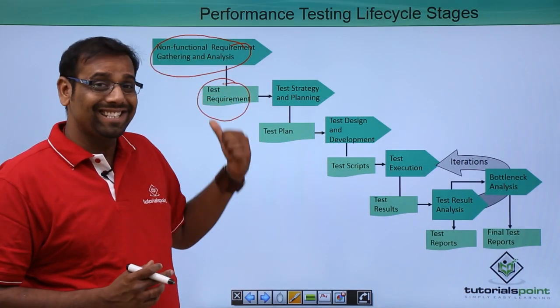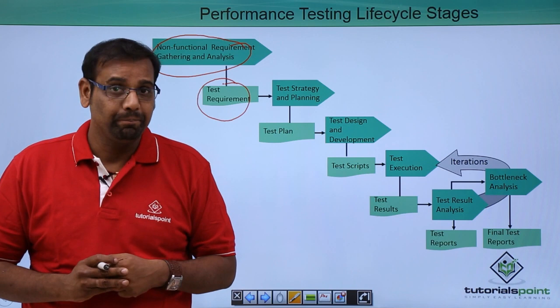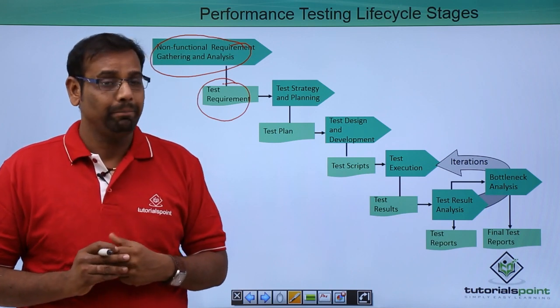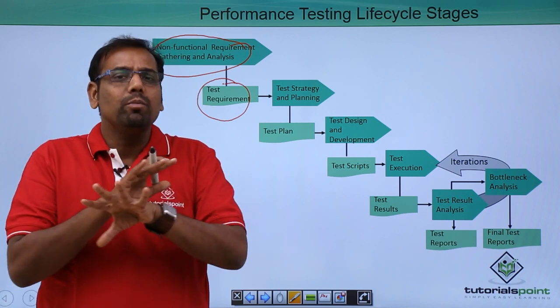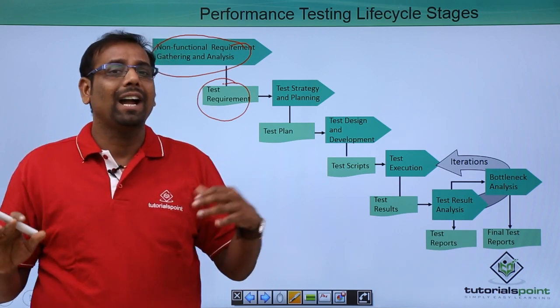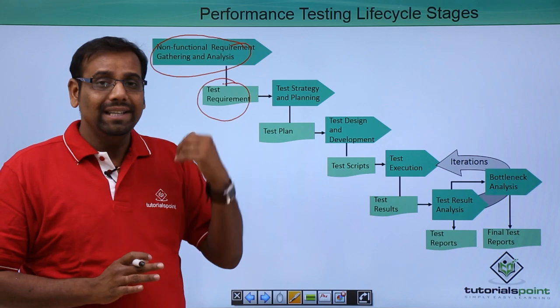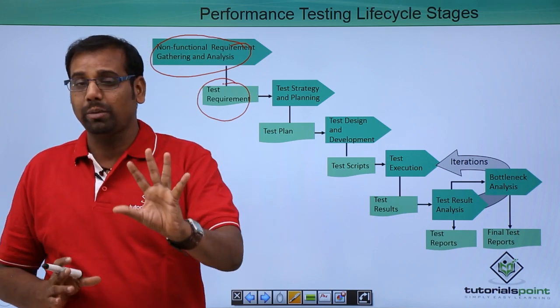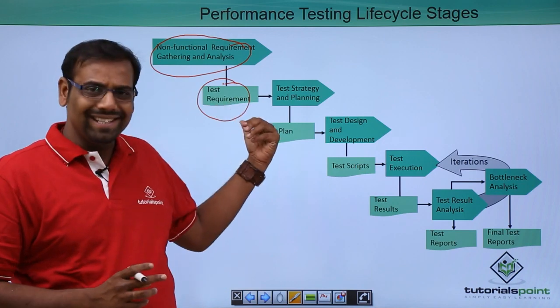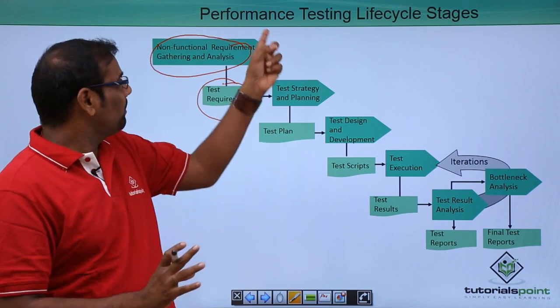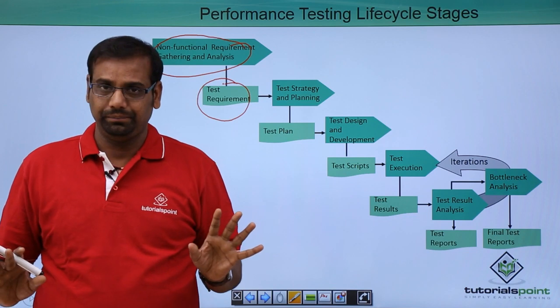Once this test requirement document has been created and signed off by the client, it will be baselined. When I say baselined, there won't be any more changes that can be done to this particular document. This is when we call a document a baseline document. Once this is baselined, we can say that this particular stage is done.